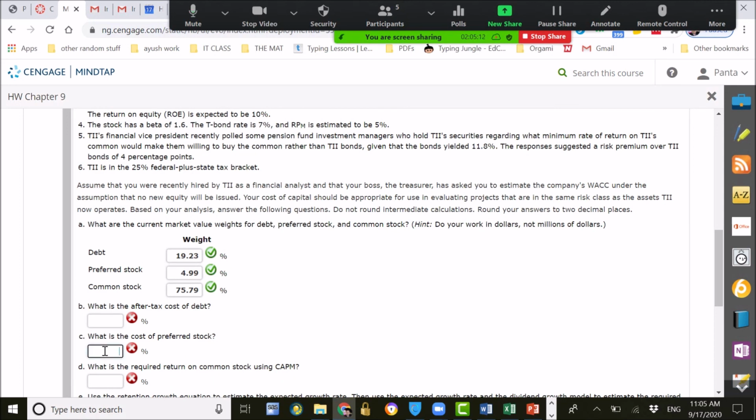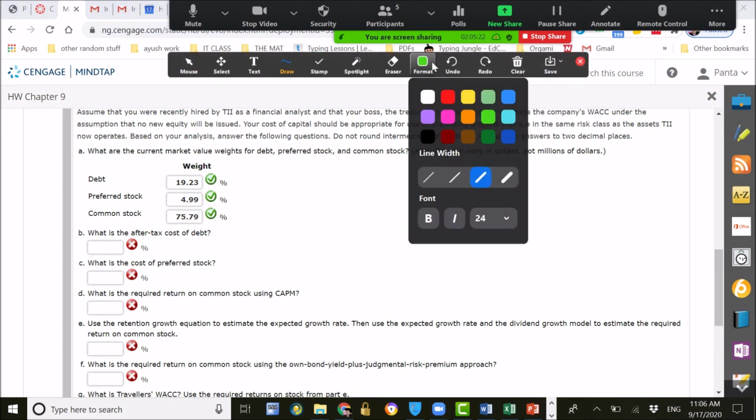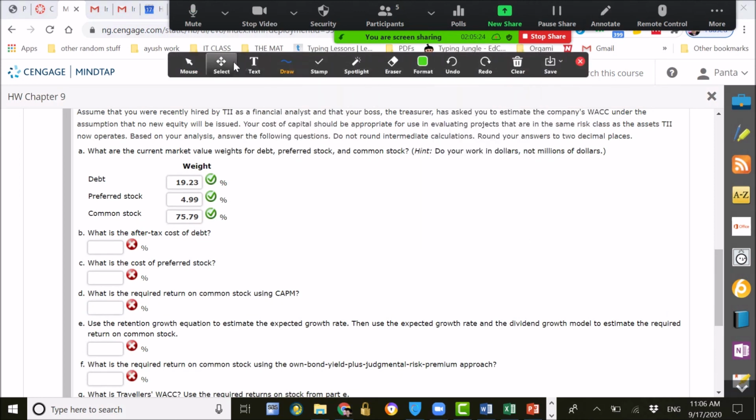What is the cost of preferred stock? What is the cost of common stock? This question here is actually using CAPM.